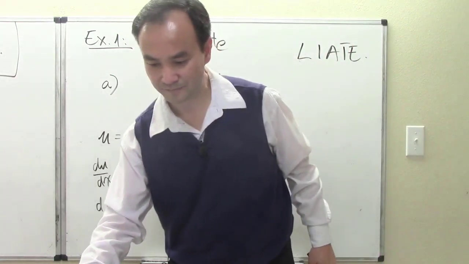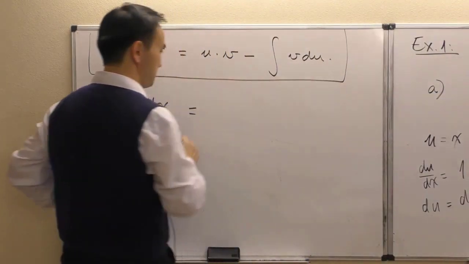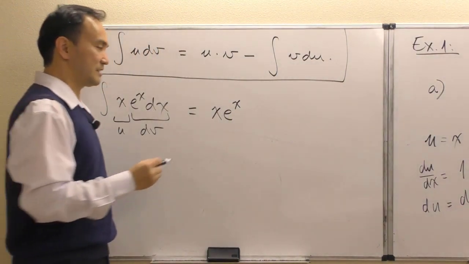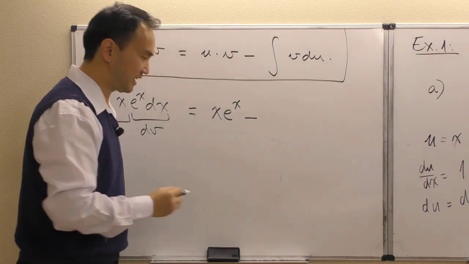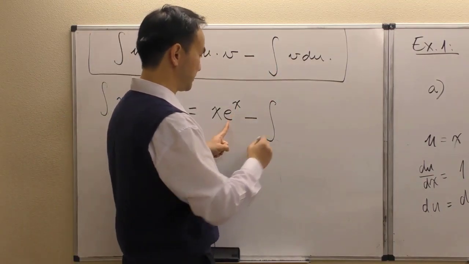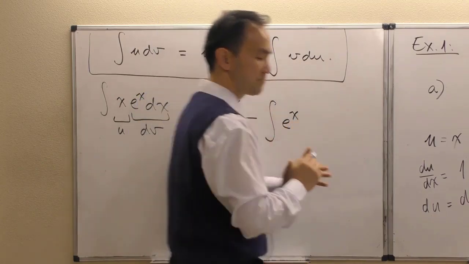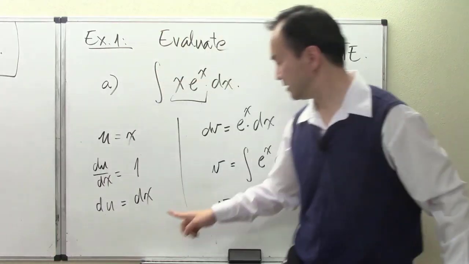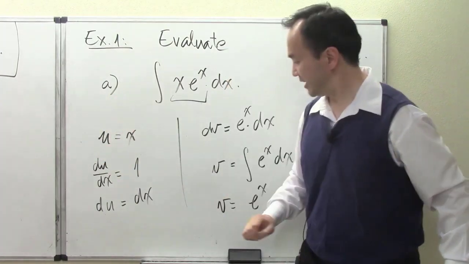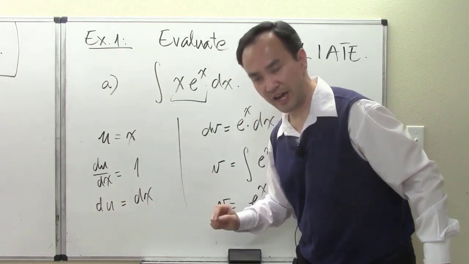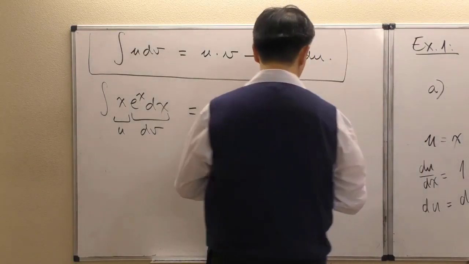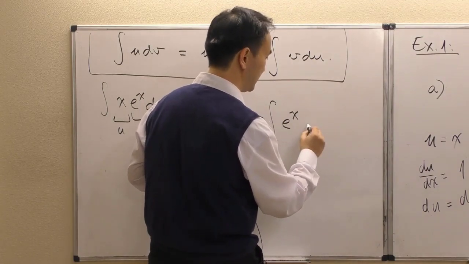So u times v, now I'm looking at x times e to the x. According to the formula, I need to subtract an integral of v, which is e to the x. But du, remind yourself, we found as a consequence of letting u substitute for this function x. So du equals dx. We have two differentials equal to each other, so the differential du right here is replaced by the dx.